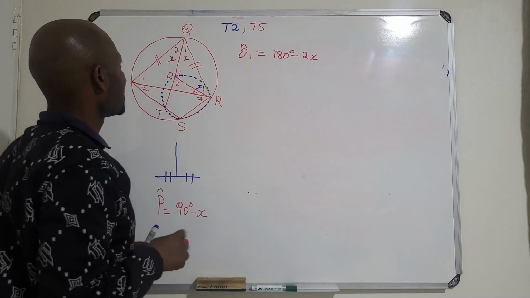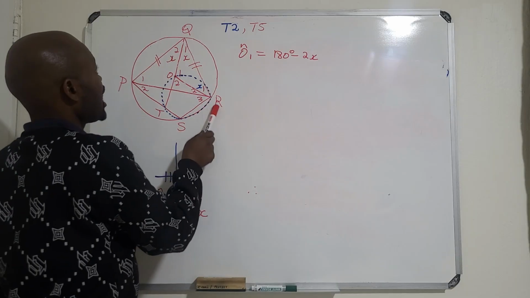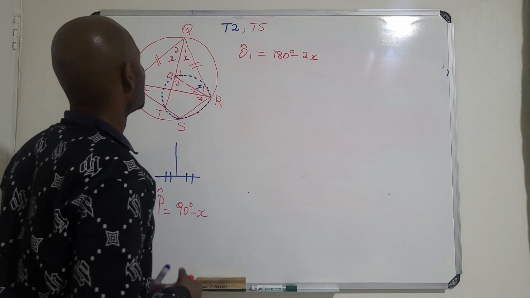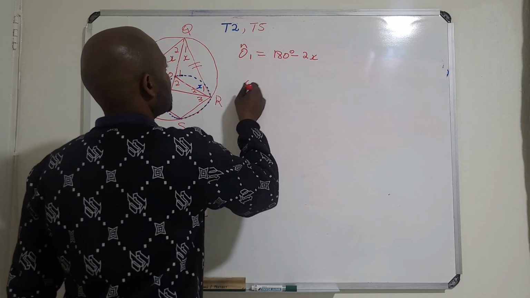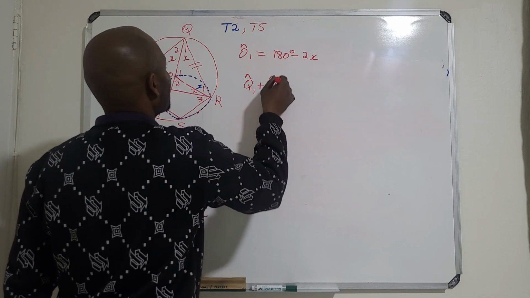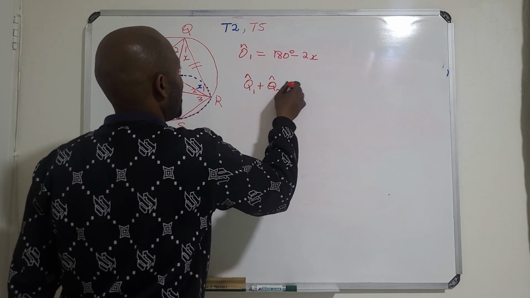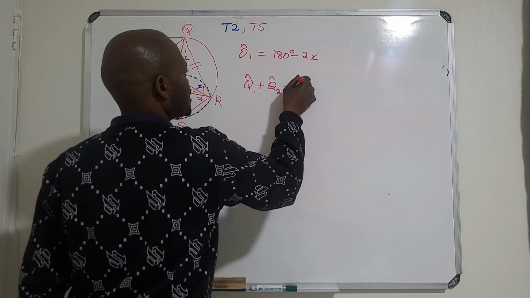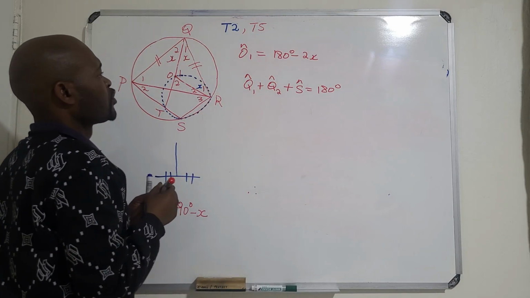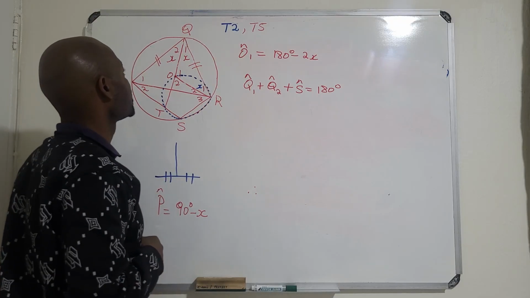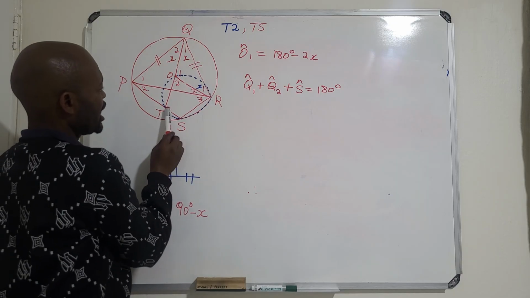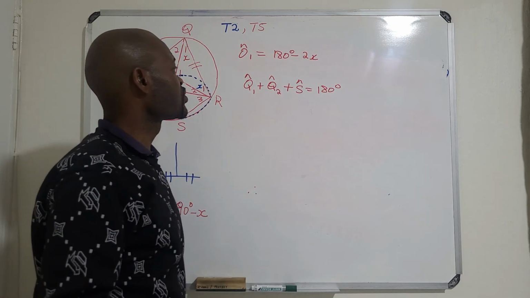Now, we can find this angle there. For us to find this angle, we know PSRQ is a cyclic quad. And if it's a cyclic quad, we can say that angle Q1 plus angle Q2 plus angle S equals 180 degrees. Why? Because opposite angles of a cyclic quad are supplementary. This angle plus this angle must add up to 180 degrees.